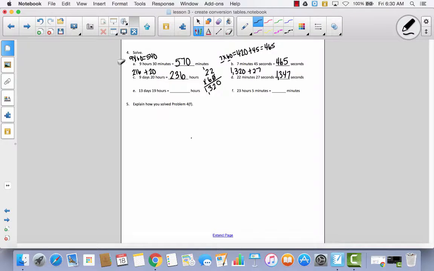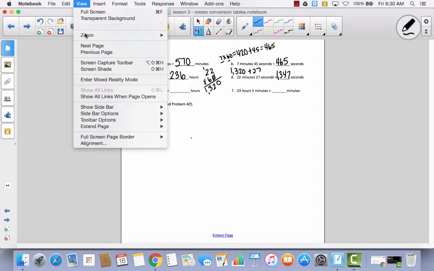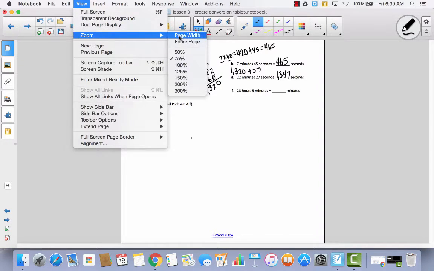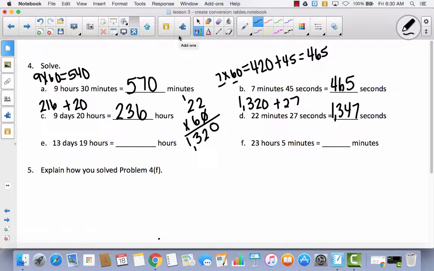Let me go back to standard view here. All right, so 312 hours plus 19. So I know 312 plus 20 would be 332. So I'm just going to take one away, and that's 321 hours.